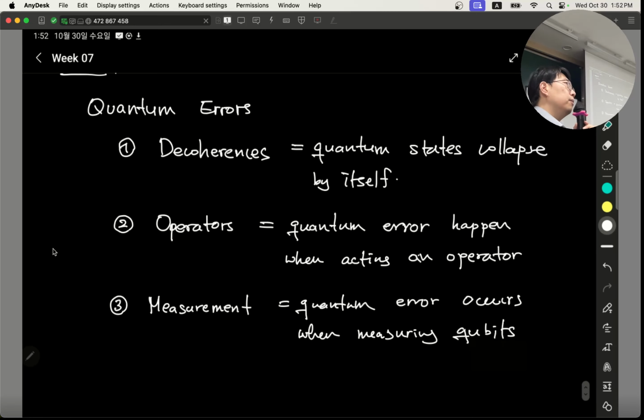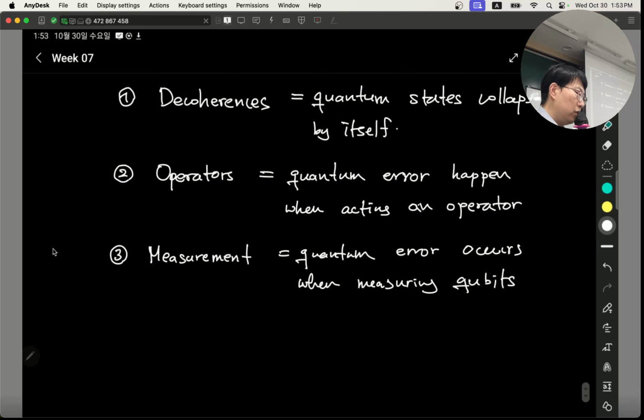Okay, so here's the story. We don't know whether a quantum error actually happened or not. All we can expect is that things go by our calculation. For example, what's the simplest calculation? If we initialize our quantum state to 0, then after some period of time, when I take the measurement, what I'm expecting is to see 0.